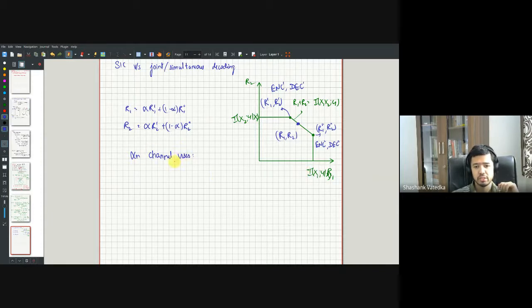For alpha n channel uses, use encoder prime and decoder prime. For the remaining 1 minus alpha fraction of the time, you would use the second set of encoders and decoders.